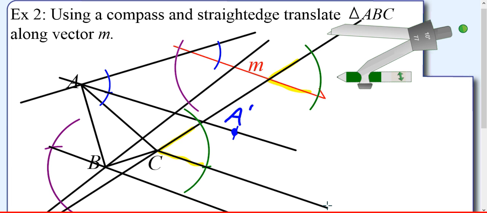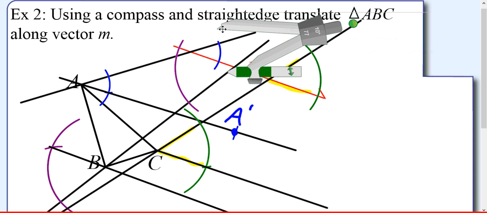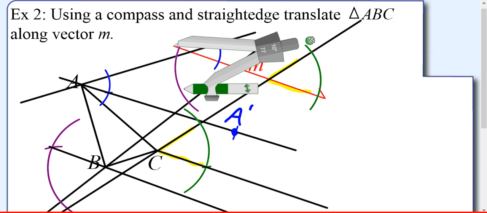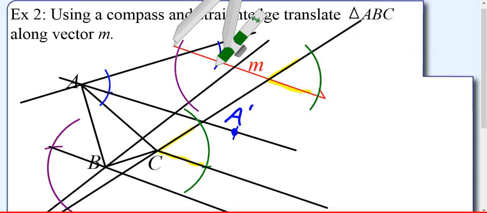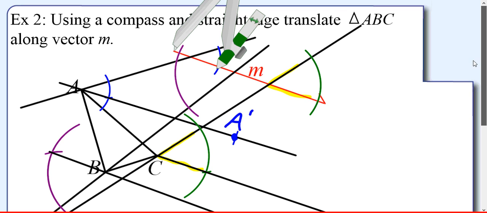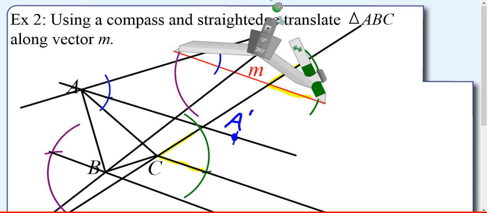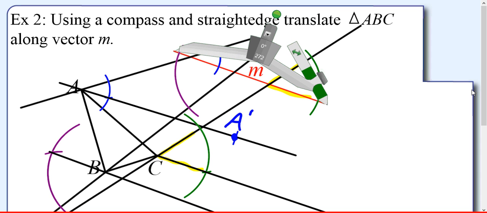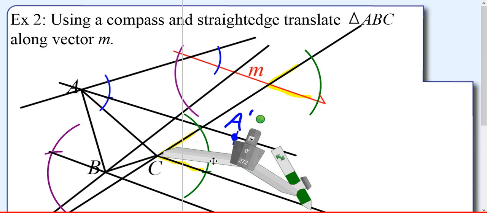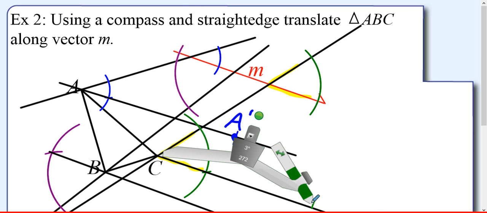And then for the third time, because it's the third point we moved, we need to measure the length of the vector. That's how far from C we go out to get C prime.